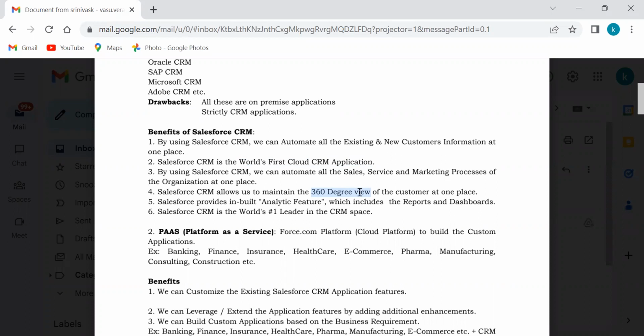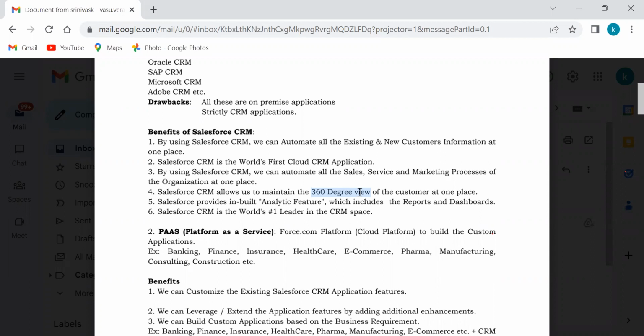That means I can store customer personal details, customer contact details, as well as customer opportunity details. Opportunity is nothing but how much business or how much revenue the customer has generated with us.